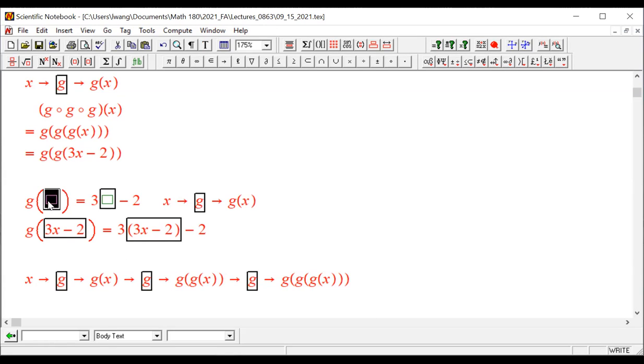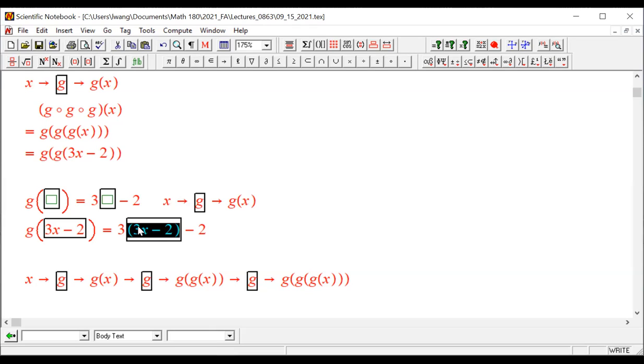So whatever this is, it could be a very complicated input. But no matter what the input is, you take the input, you multiply by 3 and subtract 2. So now the input is 3x minus 2, you treat 3x minus 2 as this one single box, and then you replace that box by its equal.